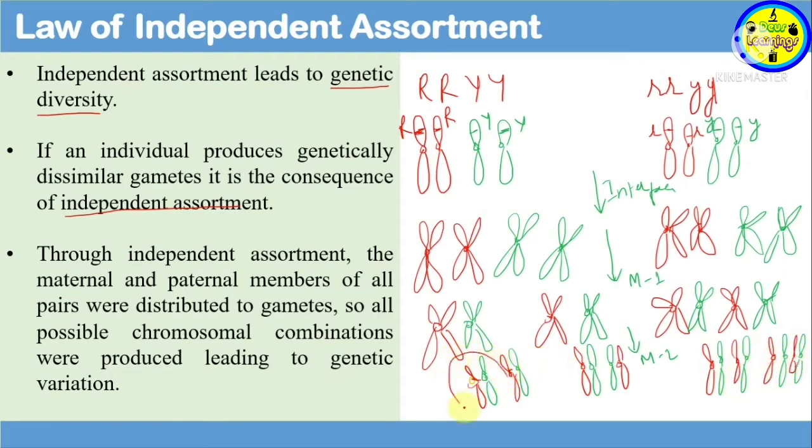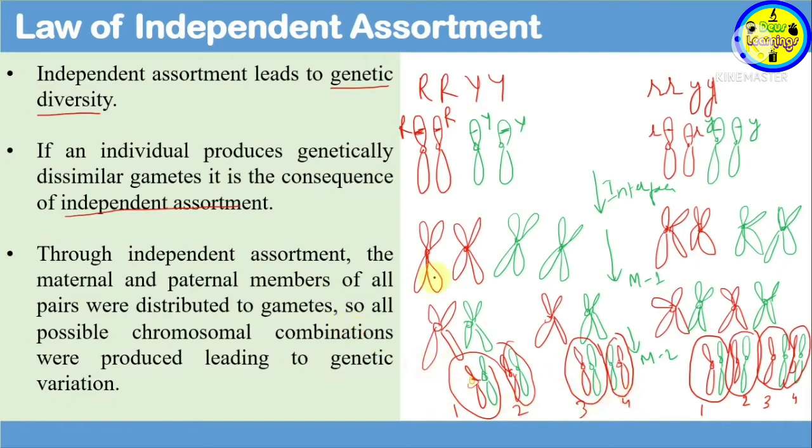So this will be one gamete, second gamete, third gamete, and fourth gamete. Similarly in female, one gamete, two gamete, three gamete, and fourth gamete.